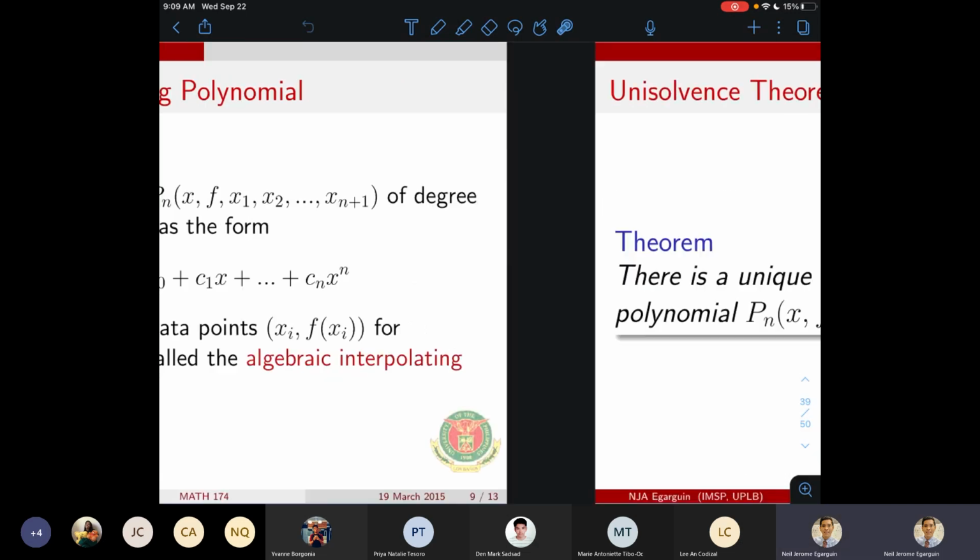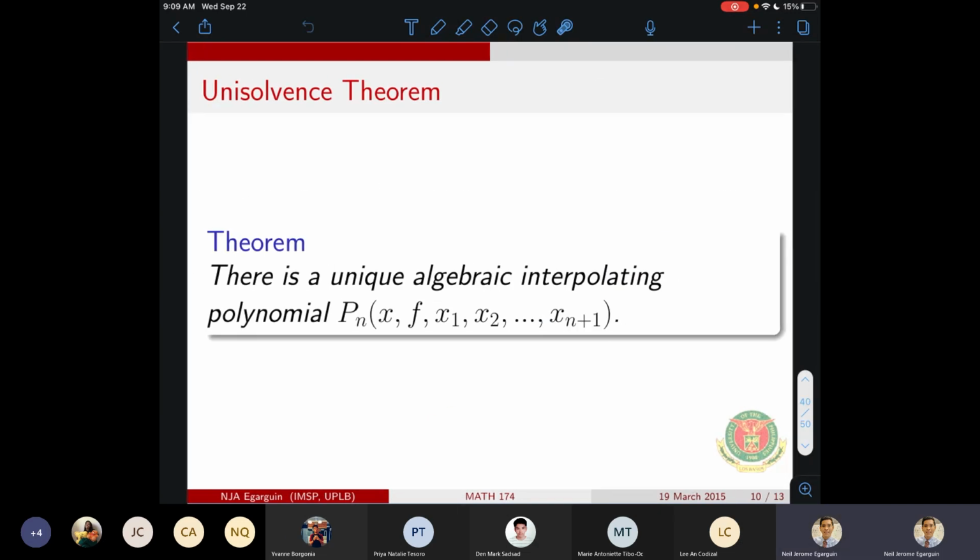Okay. And then as promised, we have the Unisolvance Theorem. Ano yung Unisolvance Theorem? It tells us that there is a unique algebraic interpolating polynomial. So again, kahit anong function pa yung ibigay nyo sa akin, or kahit anong data sets consisting of n plus 1 data points, lagi akong may mahanap na algebraic interpolating polynomial of degree no greater than n.